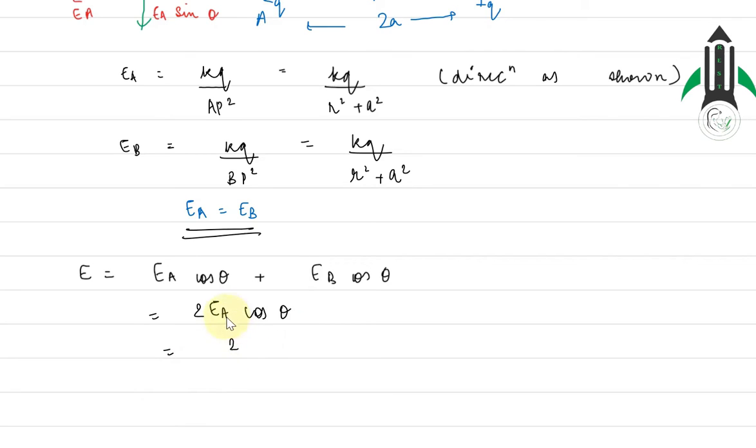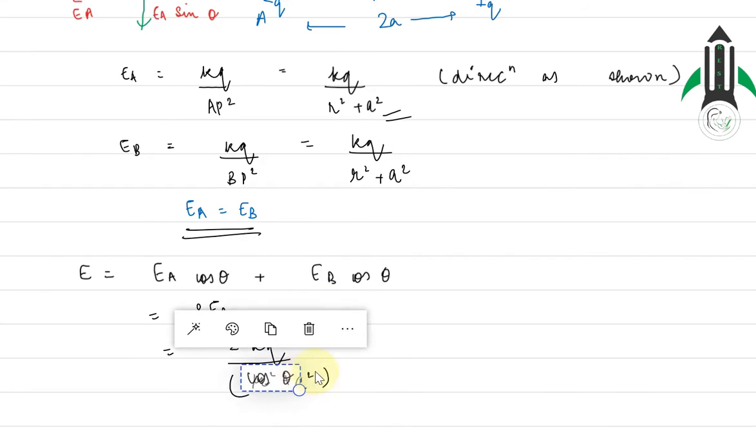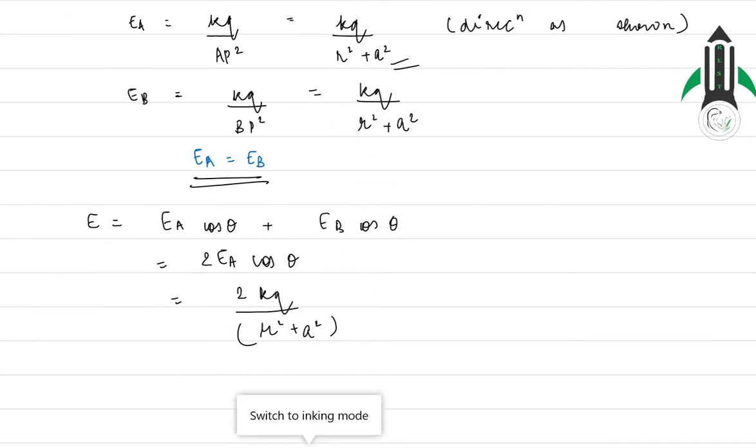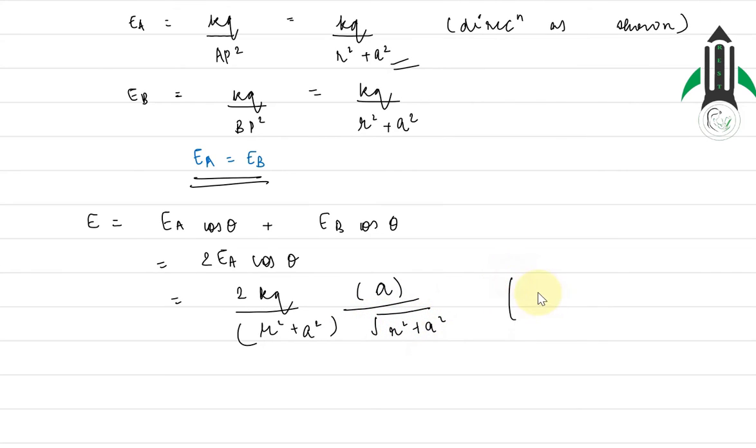So we know EA is KQ upon r square plus a square from here, and cos theta will be equal to a upon under root of r square plus a square, that is a upon AP.